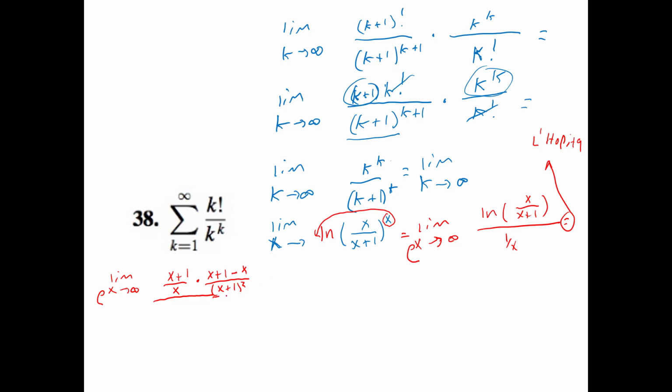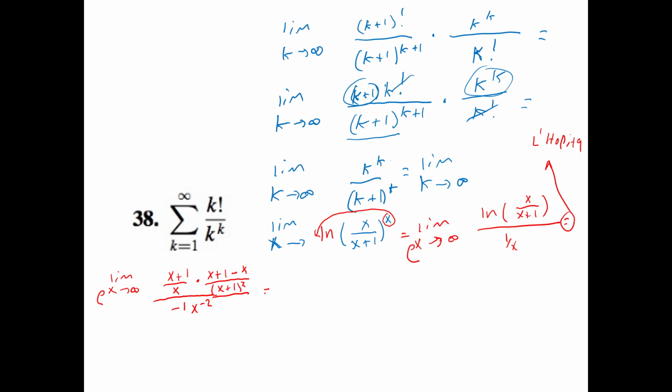And in the denominator, we take the derivative of 1 over x, which is negative 1 times x to the negative 2.